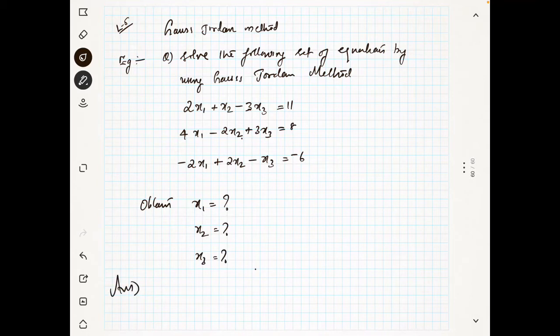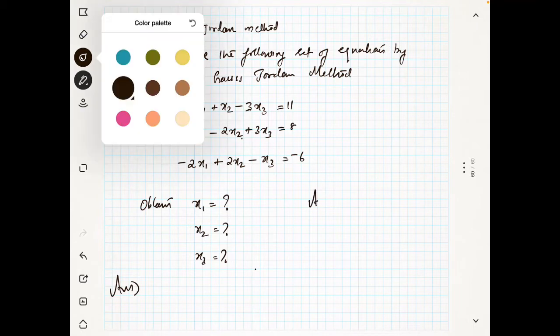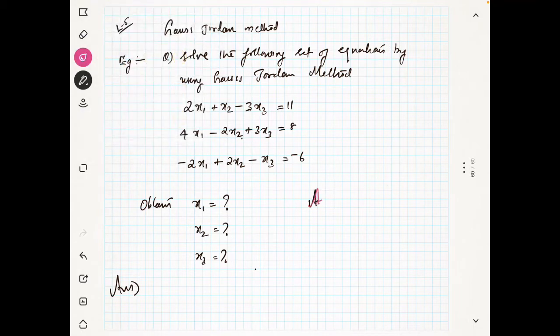Before that I will write the augmented matrix. On the right hand side I can write 11, 8 and minus 6, and this will be 2, 1 and minus 3.